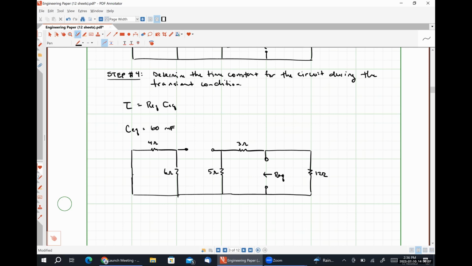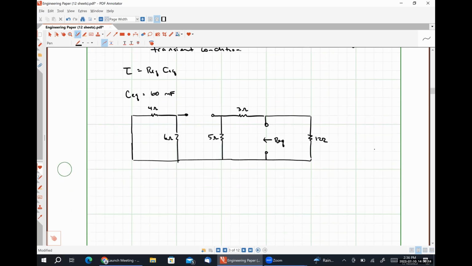So to me, I see 12 in parallel with 3 plus 5, or 12 in parallel with 8. 12 times 8 over 12 plus 8 comes out to be 24 fifths of an ohm.